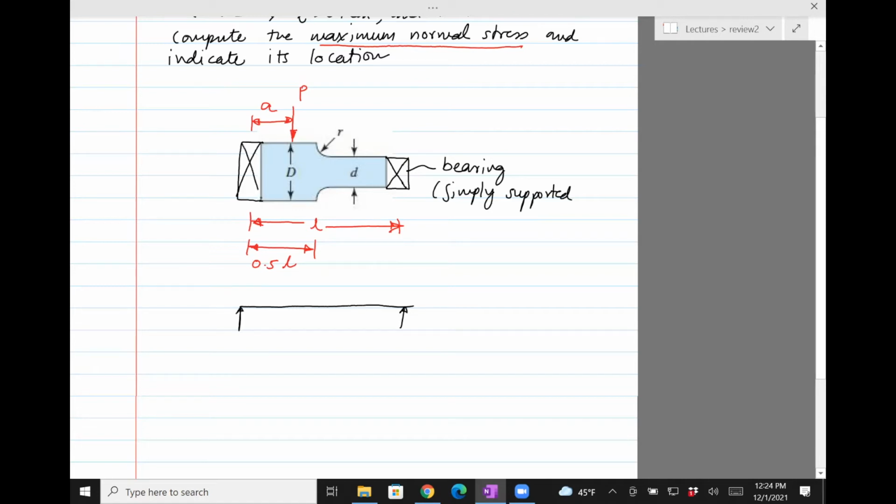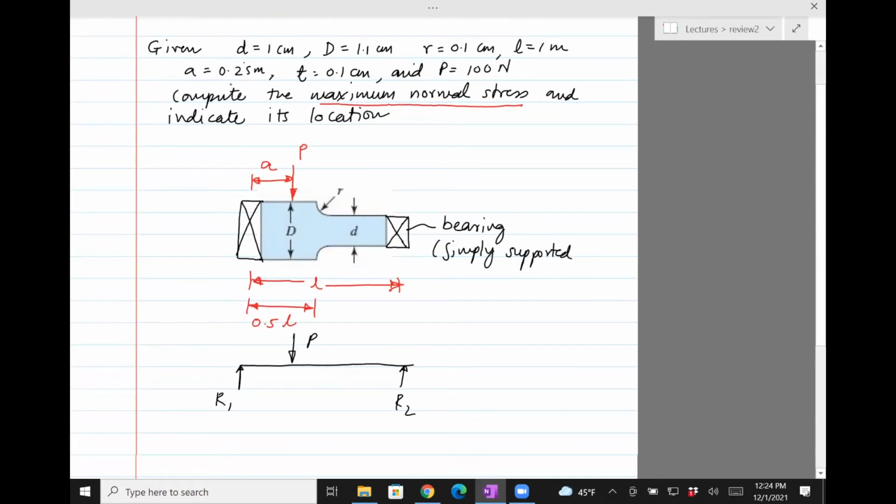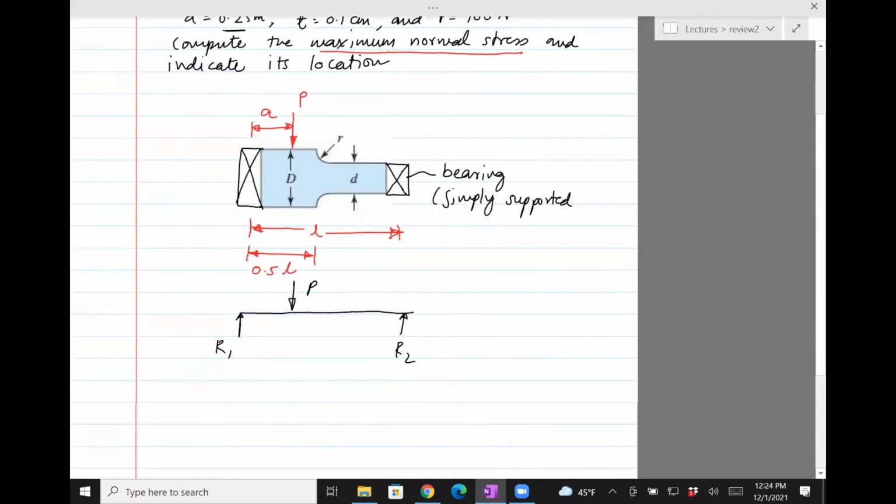So you're told that this is a bearing which is assumed to provide simple supports. So let's say R1, R2. This P acts at A, and A is a fourth of a meter, while the length is 1 meter. So this is 0.25, and this is 1 meter.